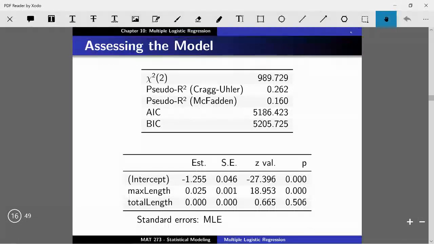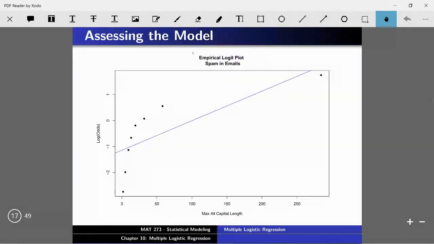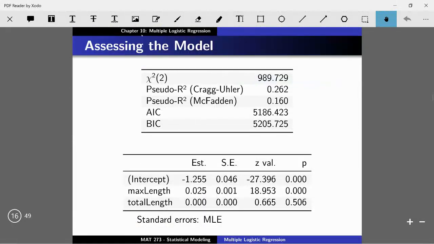I'll give one example of interpreting one of these regression coefficients, just for demonstration purposes. For logistic regression here, these coefficients are given on the log scale, representing changes on the log scale.